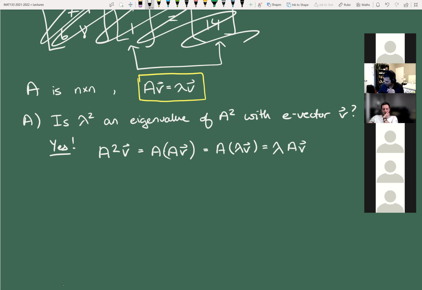And when I do that, I get another AV. So I'm going to use that equation again. And I get that, right? So if you look at the first and the last line, what does that say? It says that V is an eigenvector for A squared with eigenvalue lambda squared. Does everyone agree? Does that make sense?